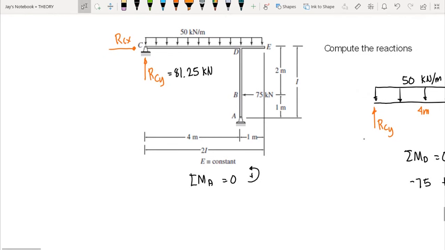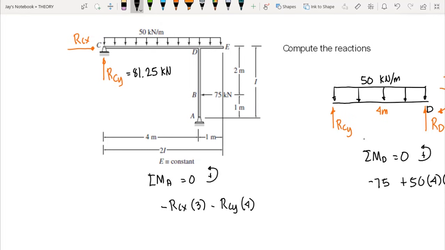So we have negative RCX times 3, then minus RCY times 4, then plus 50 times 5, the entire length of the 50 kilonewton per meter load, and then the distance from the centroid, or the center of our resultant, is 1.5 here.